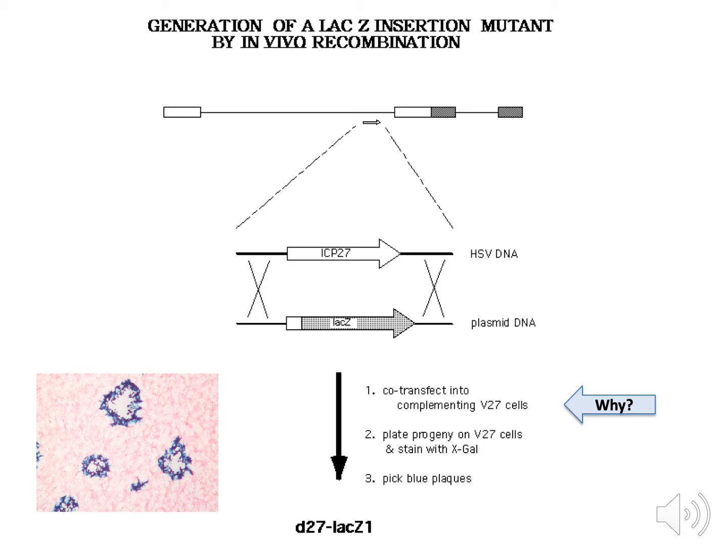And so he allowed this recombination to take place in these V27 cells, and he picked the plaques, you can see on the left, that are blue. And so he generated this very useful virus that was deleted for the gene that he cares about the most, which is ICP27. And he called that D27 LAC-Z.